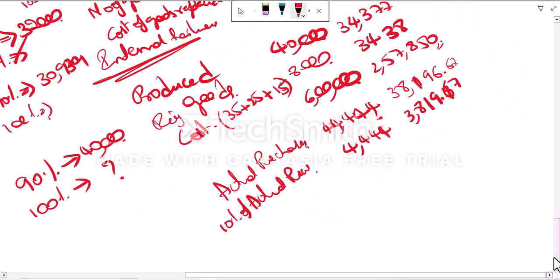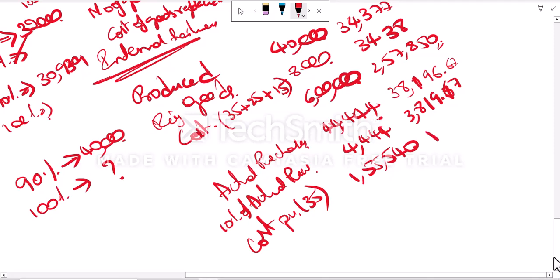So here what is the cost per unit? 35, because only purchases are directly stored and scrapped, no. So only 35 will be the cost we have lost. 4,444 into 35 rupees, 1,55,540, and 3,819.67 into 35, 1,33,688. Okay, so we have to calculate here 0.44 also.